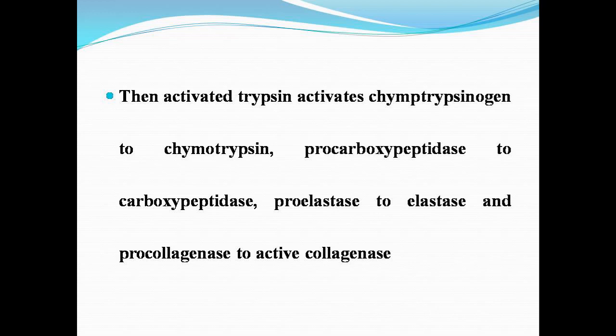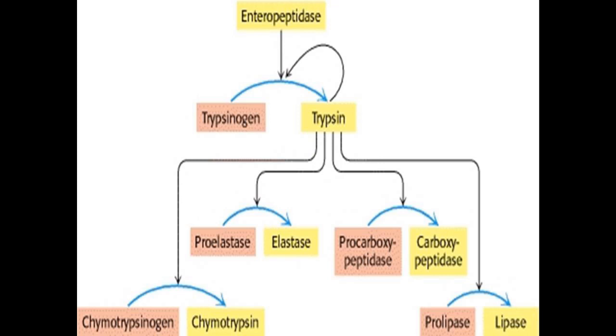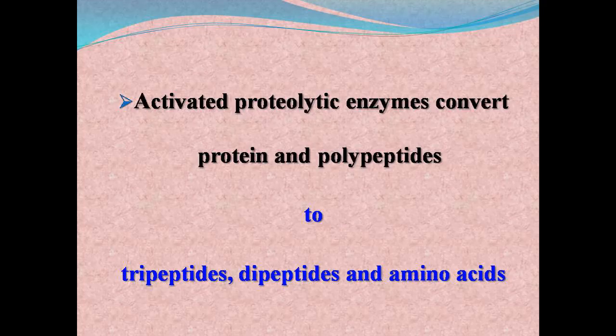Then activated trypsin activates chymotrypsinogen to chymotrypsin, procarboxypeptidase to carboxypeptidase, proelastase to elastase, and procollagenase to active collagenase. Then all the activated proteolytic enzymes convert protein and polypeptides to tripeptides, dipeptides, and free amino acids.